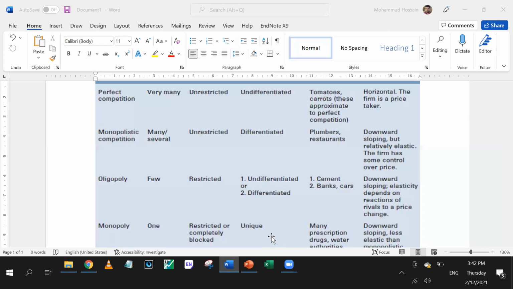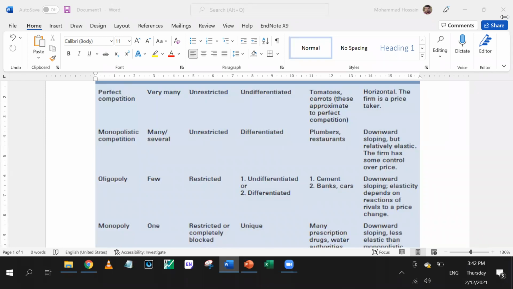The second one is that the price will be determined by the market.